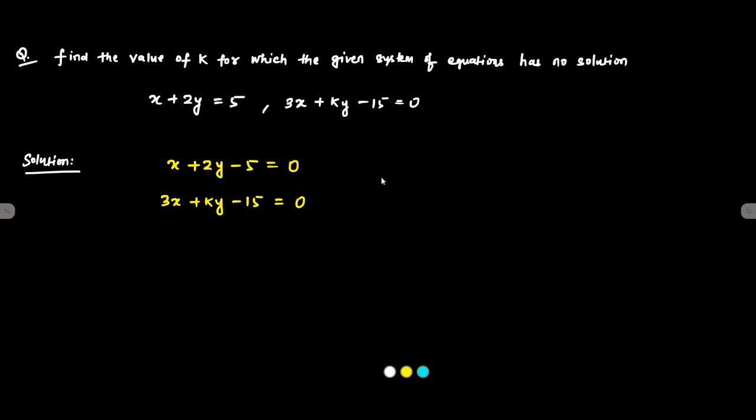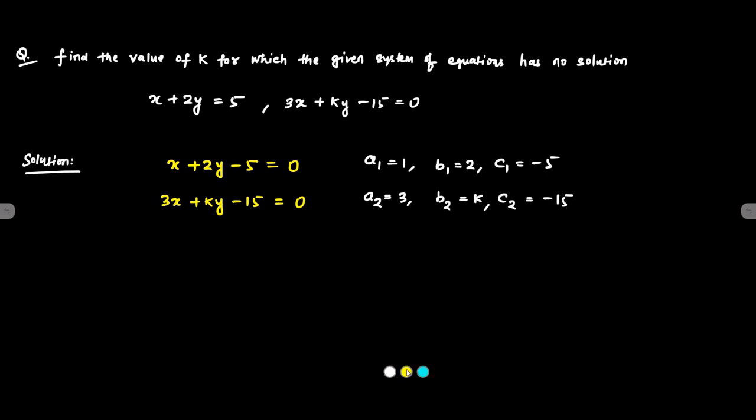Okay, now here the values of the constants: a1 is equal to 1, b1 is equal to 2, c1 is equal to -5. So a2 is equal to 3, b2 is equal to k, c2 is equal to -15.